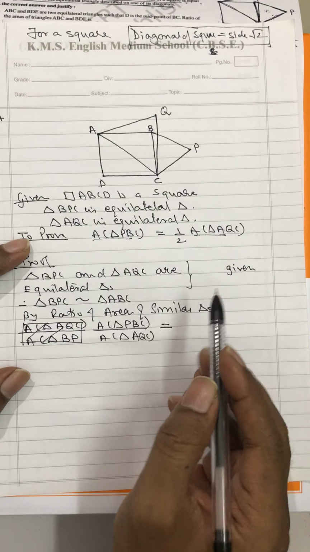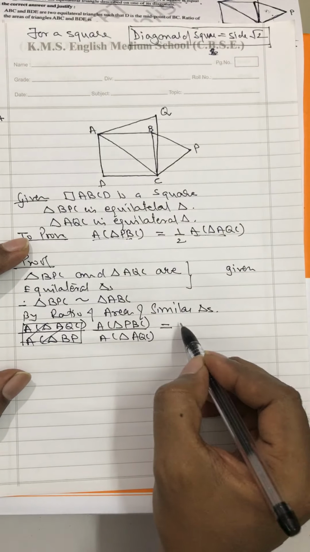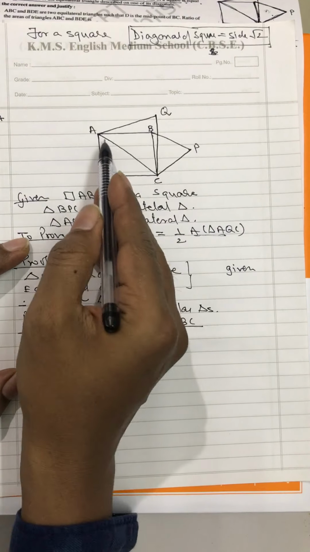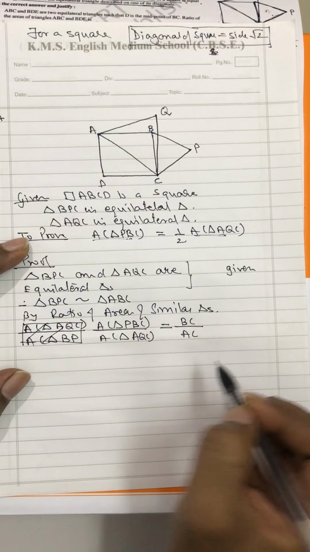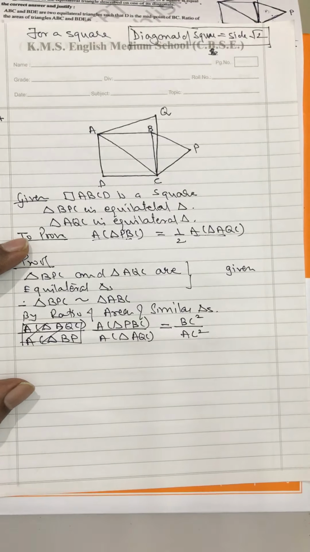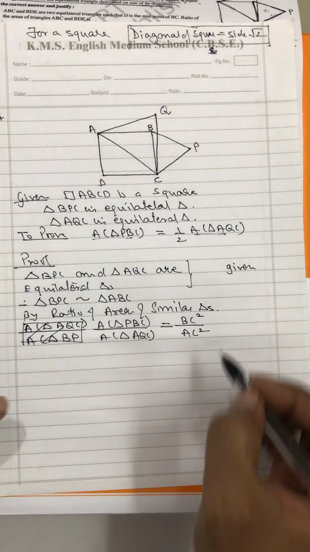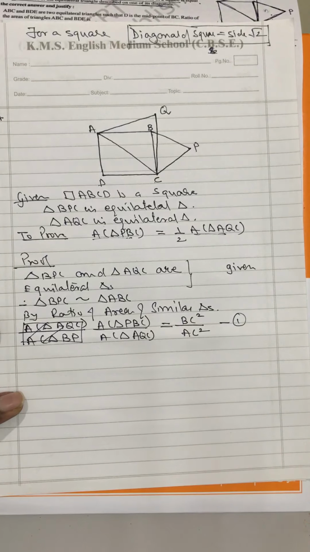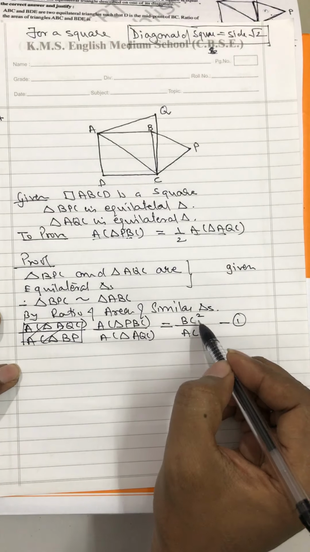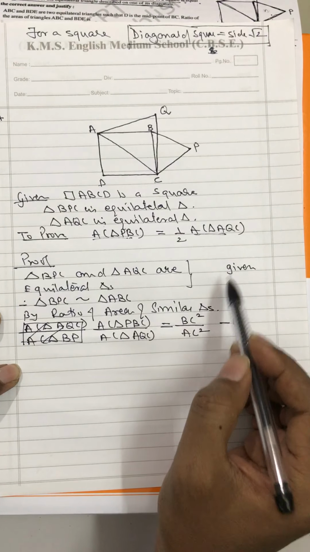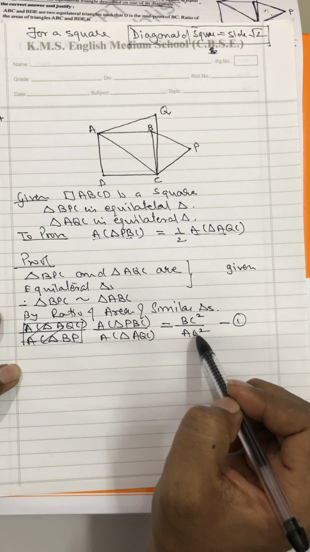Now you will take side of a square BC upon diagonal AC, squared. Okay, sorry. So this is there. So you have got it now. Now you only have to find the connection between the two.